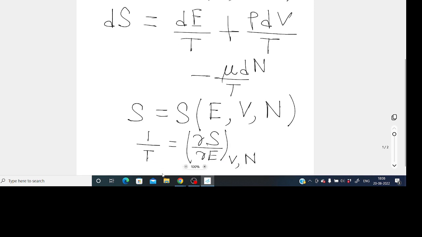So this 1 by T is a function of E, V and N. But S cannot be expressed as a function of T and other things, right?